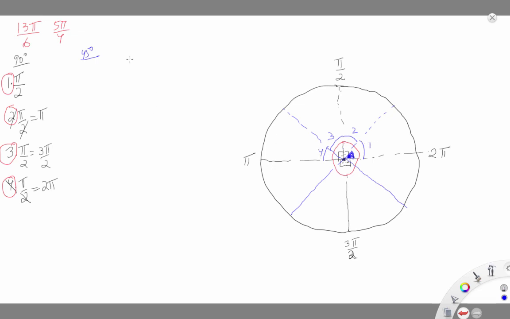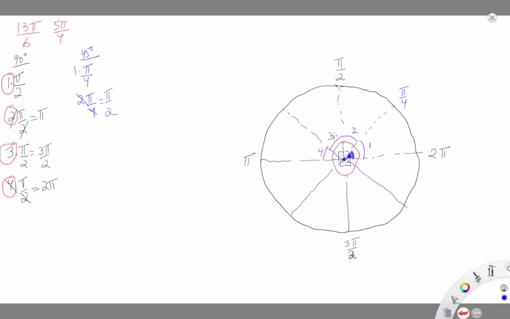So really 45 degrees is just equal to pi over 4. So if I just go 45 degrees, I really have 1 pi over 4. And if I go another 45 degrees, I get 2 times pi over 4. I can simplify that, and it really becomes pi over 2, which I already have over here, right?